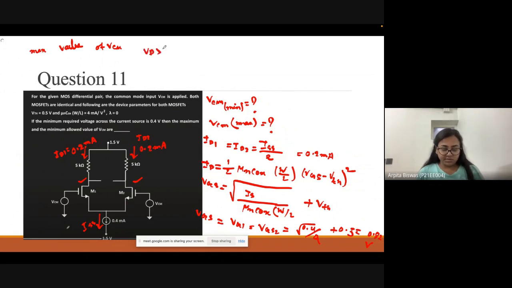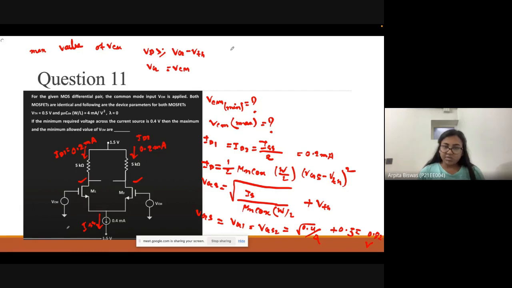VD greater than or equal to VG minus VTH, and here we can take VG as VCM, the common mode input.